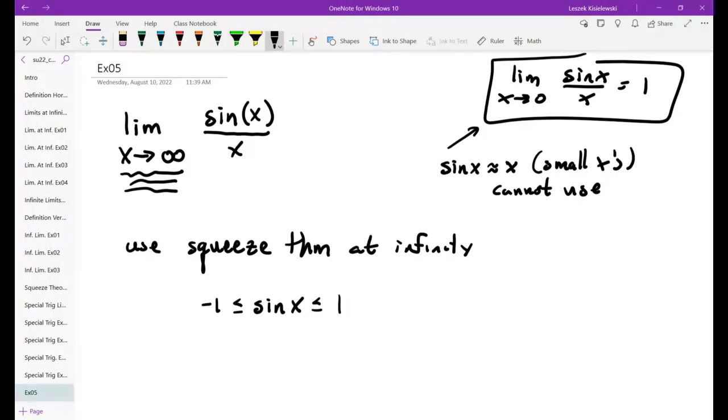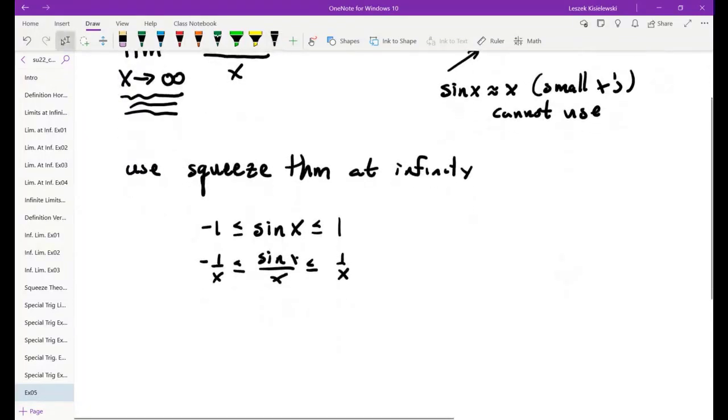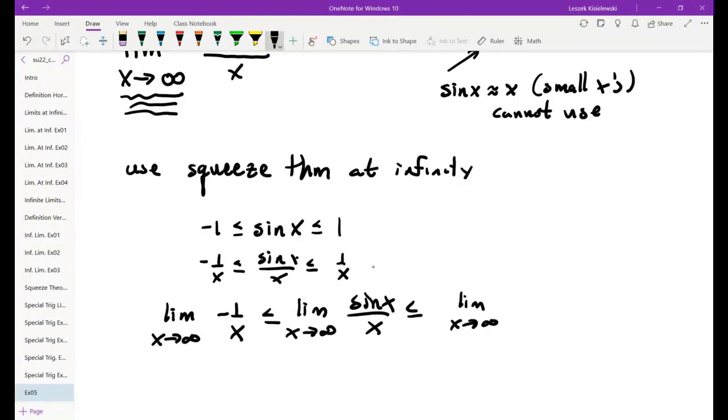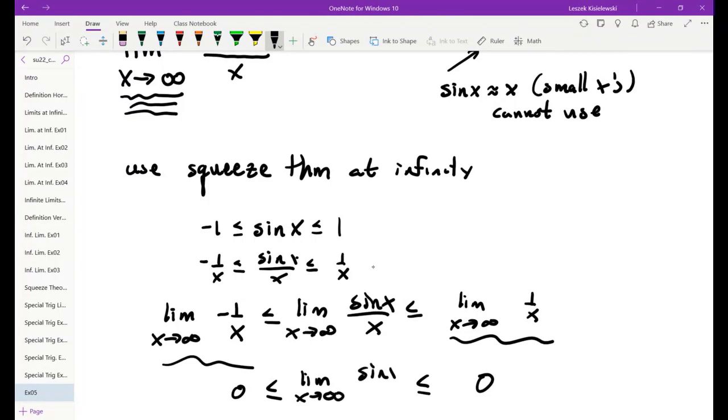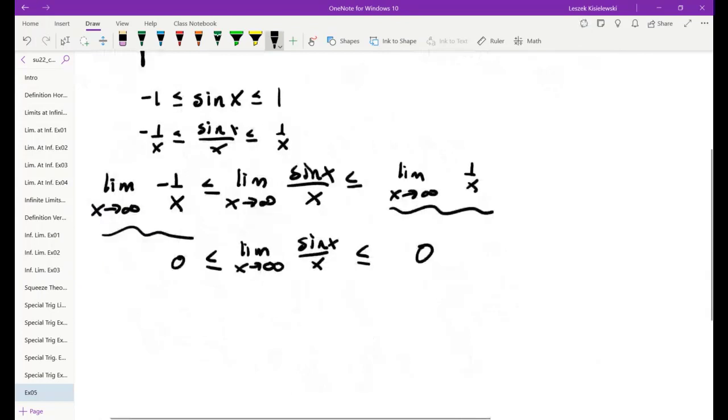And then you might want to divide everything by x, which is fine. x is positive here. And then take a limit as x goes to infinity. And we see that the two outside functions go to 0 at infinity. So sine of x over x also must go to 0 at infinity, right?